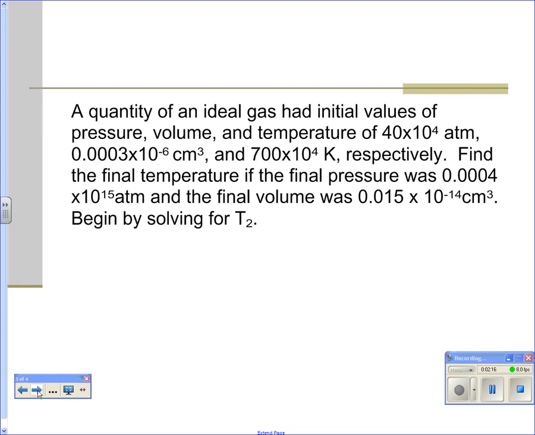Yeah, that's what the respectively means. Yes, -6.